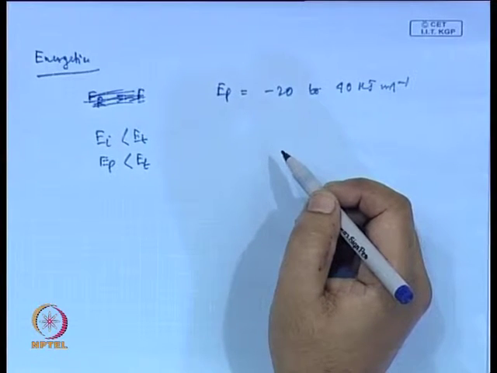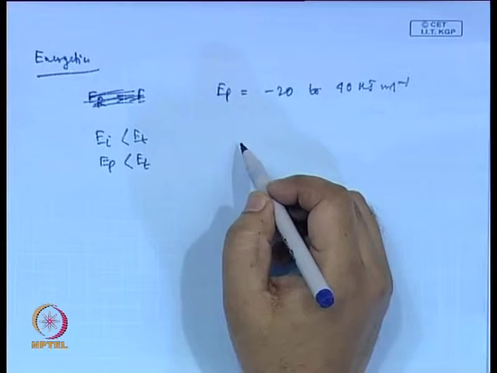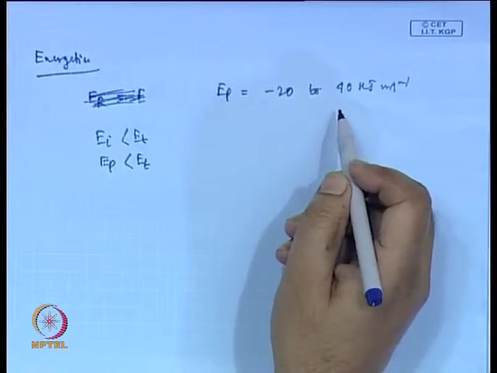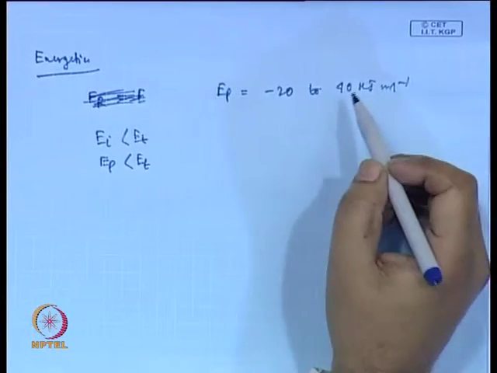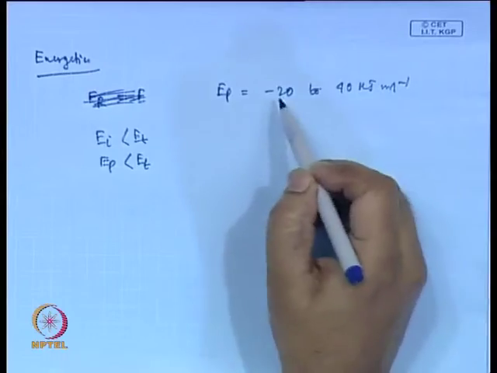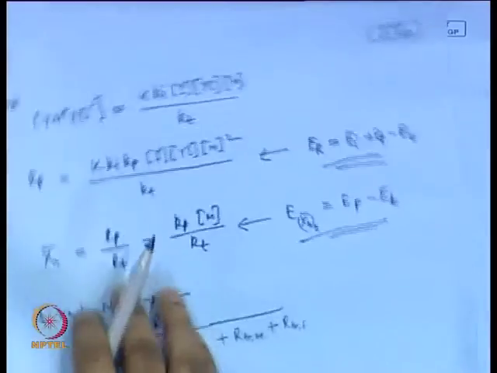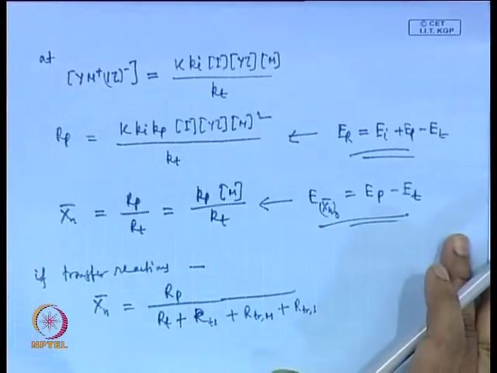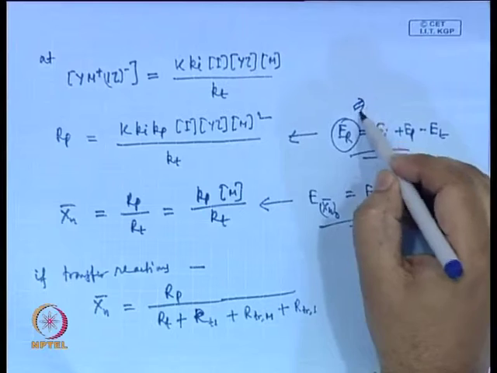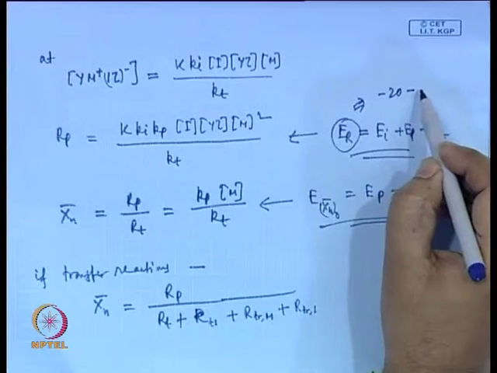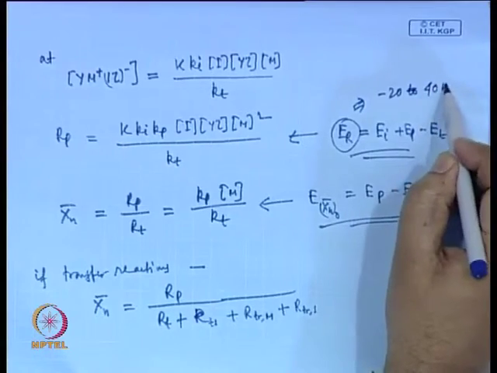This E R value can be positive or negative, and the value is typically from minus 20 to 40 kilojoule per mole.